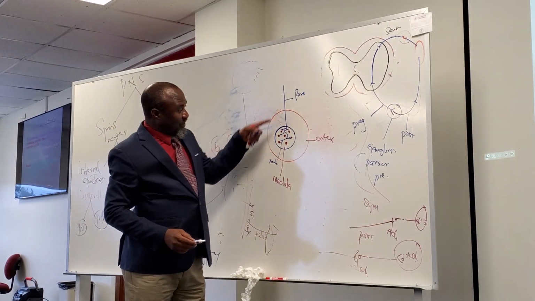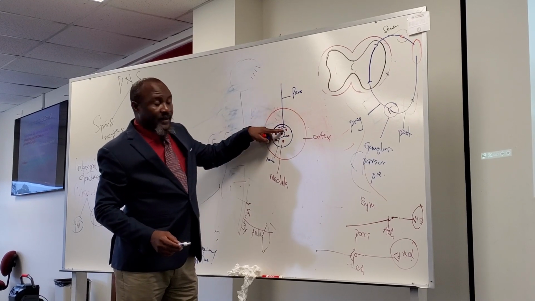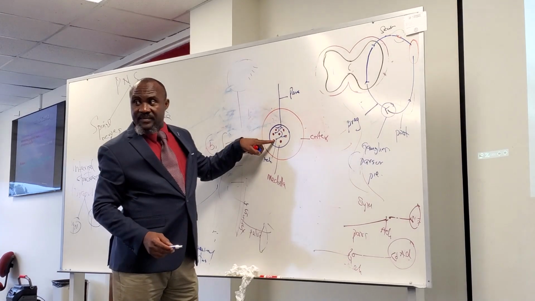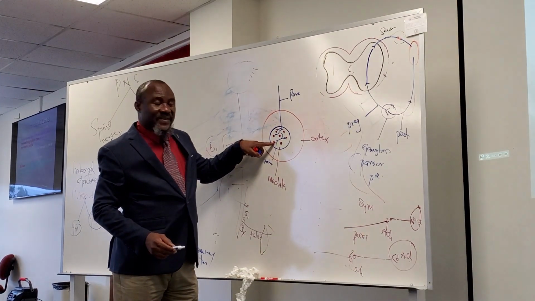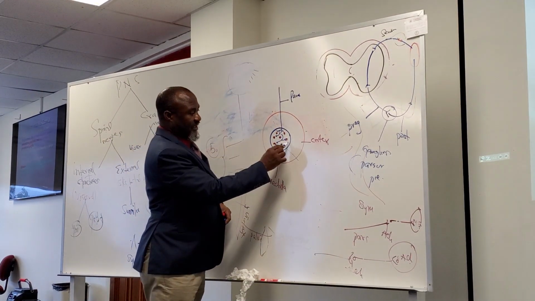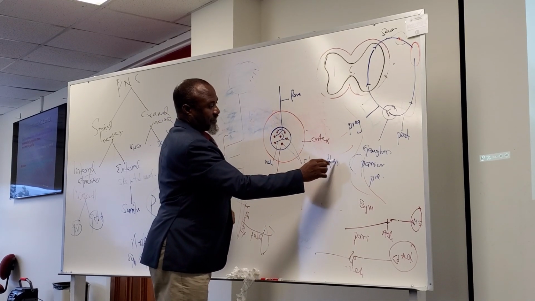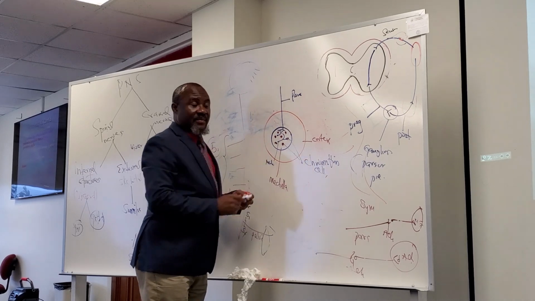So this acetylcholine fiber is now considered what? The preganglionic fiber. And this is considered the post. These are called the chromaffin cells of the adrenal medulla.